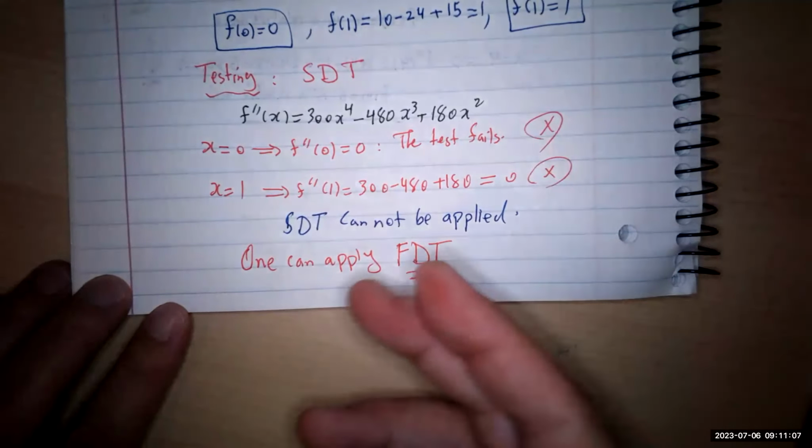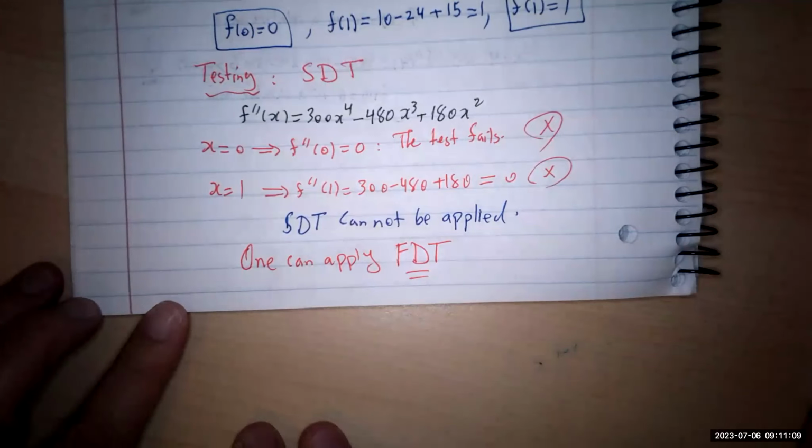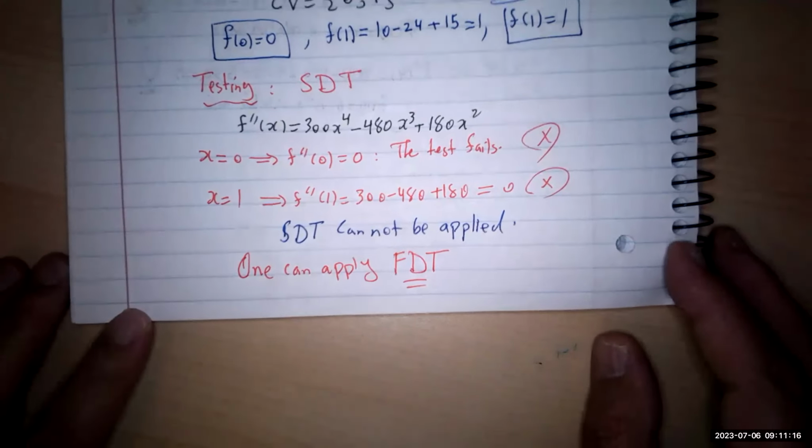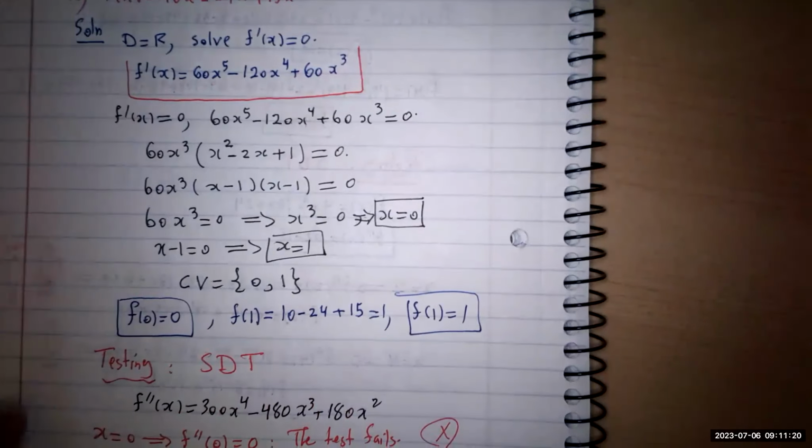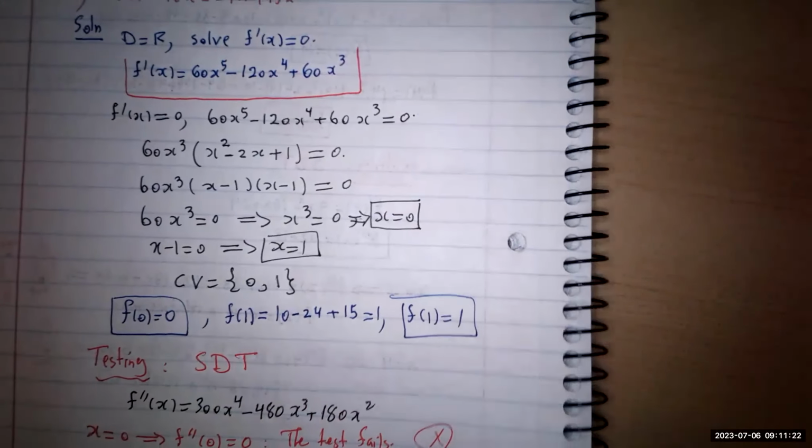If it happens to you during the problem and you pick the wrong choice, then you do the first derivative test. Remember, for the first derivative test, you need the chart for f prime. You have to go back, get the chart for f prime, and identify where the function is increasing or decreasing. So let's do the chart to finish it.